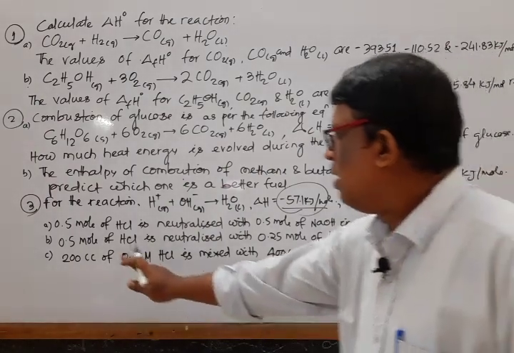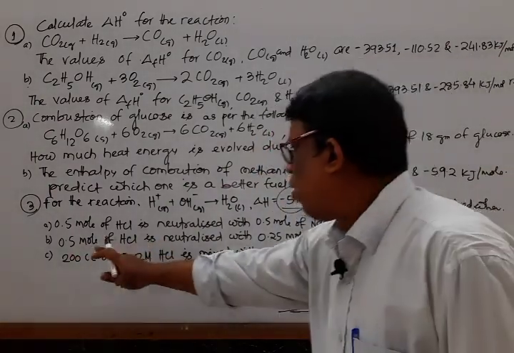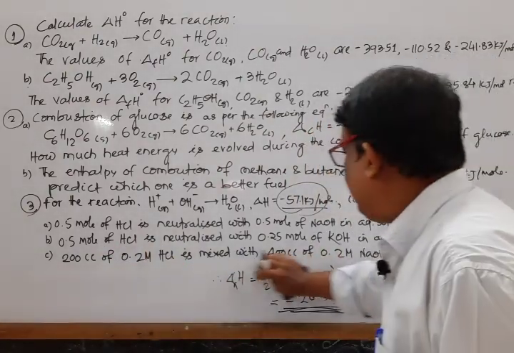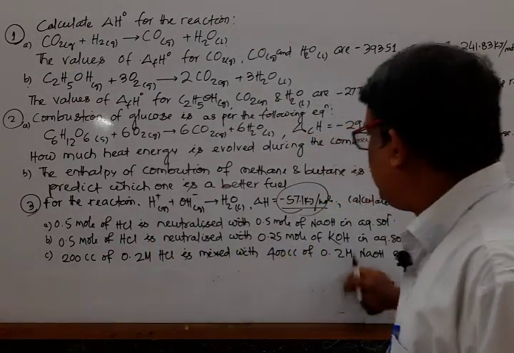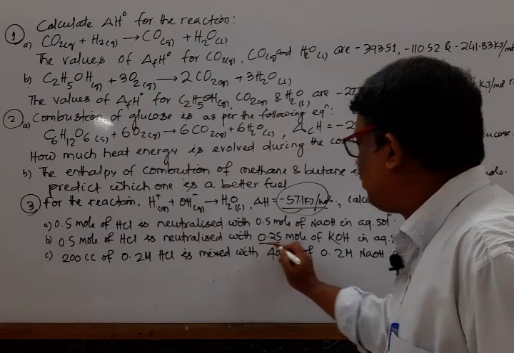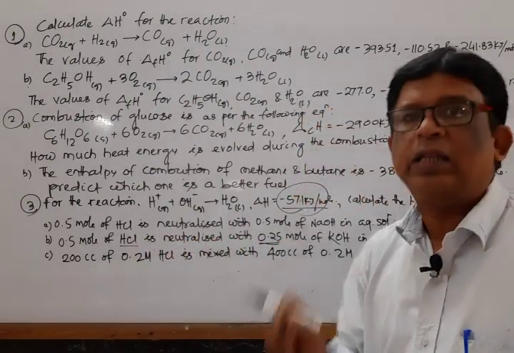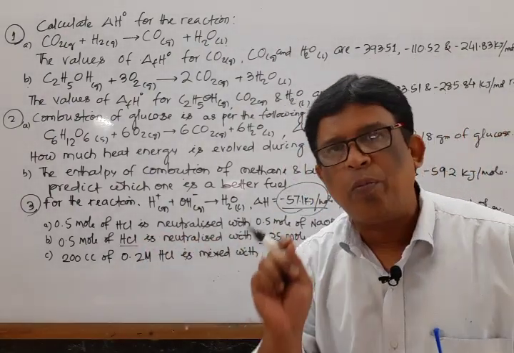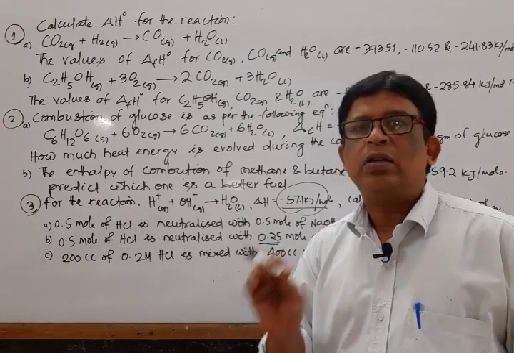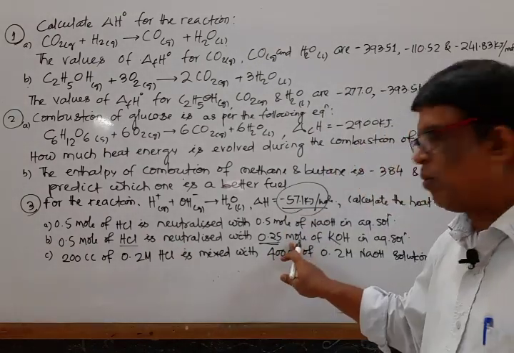Move to the second one, that is 0.5 mole of HCl neutralized with 0.25 mole of base. Then we have to select the one which undergoes complete neutralization, that is the lesser one. The lesser one is the base.